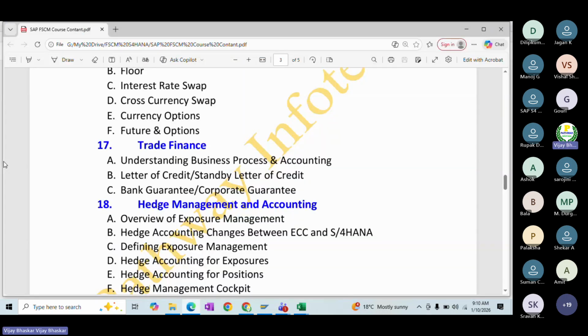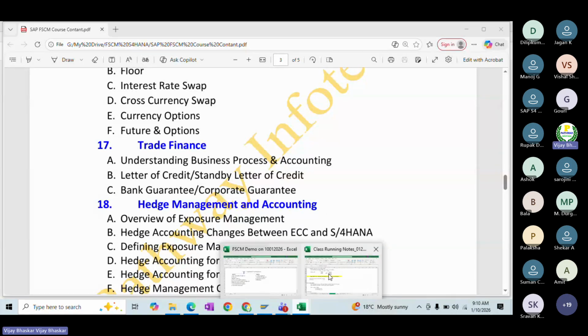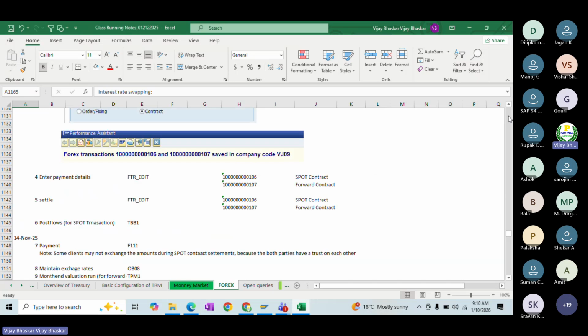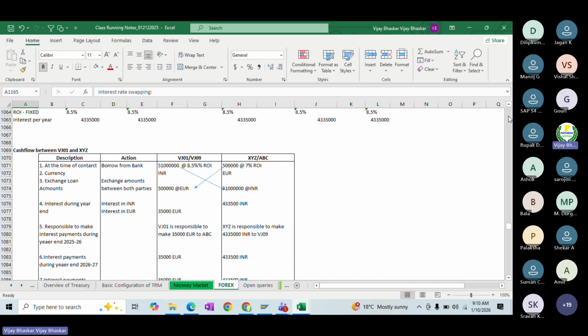Moving further, after completion of trade finance, that Excel, the volume is more and more. Now I have split each and every topic into a separate Excel sheet, because I could not open it in the session; the screenshots and all take time to open.